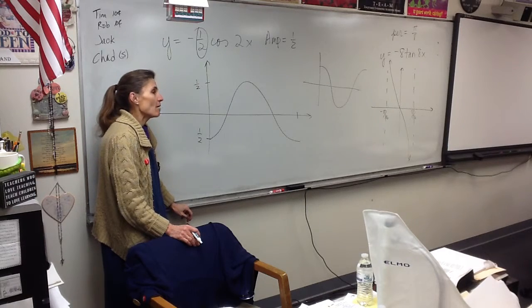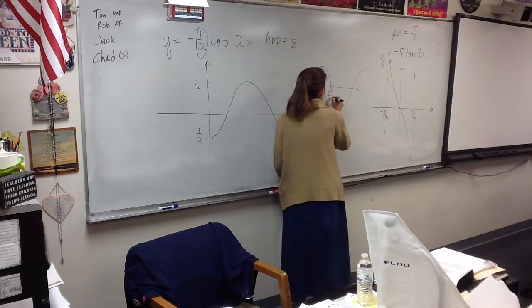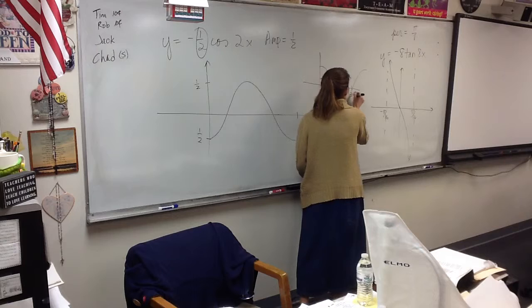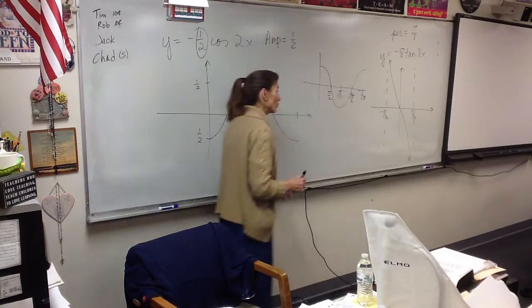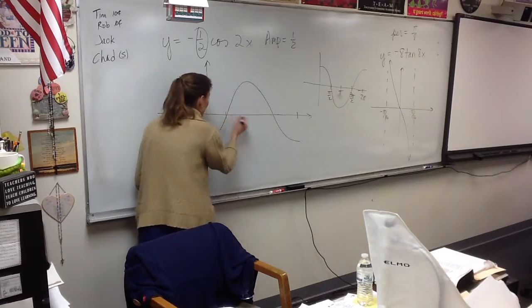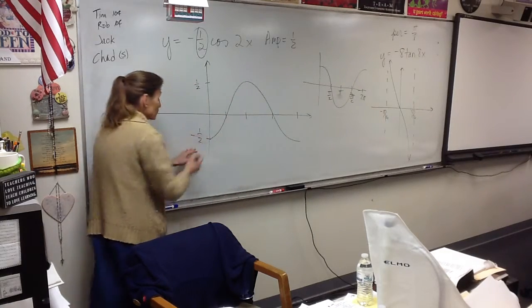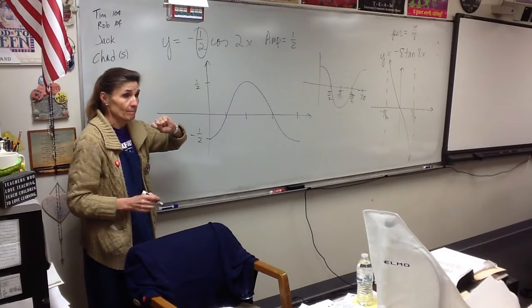Okay, now here comes the hard part. I want everybody paying attention, please. This is the hard part. You cannot get full credit for this problem if you don't have your x-axis labeled. You've got your y-axis labeled, great. But now we need to label our x-axis.